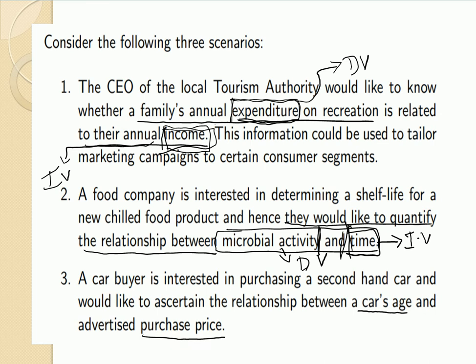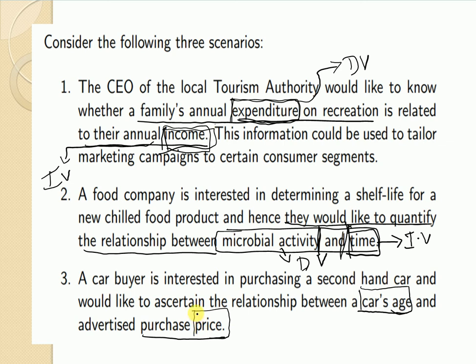We ask the question again. Does the car's age determine the worth or the purchase price of the car? Or does the purchase price of the car affect the age of the car? In other words, as the car gets older, does that have an effect on the price of the car?